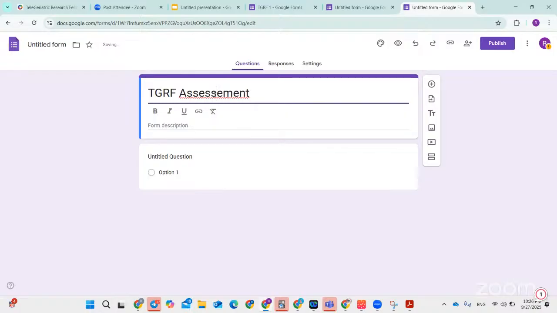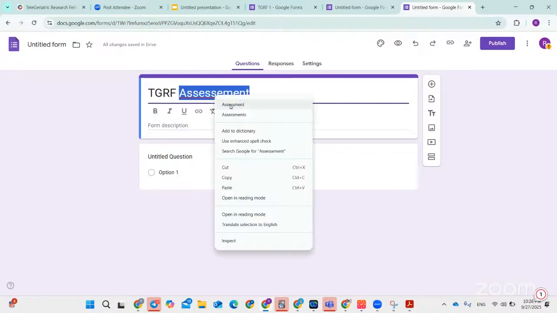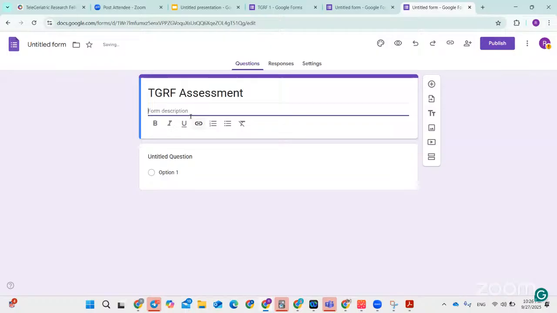Then we can add a brief description, that this will be the quiz for today's session.